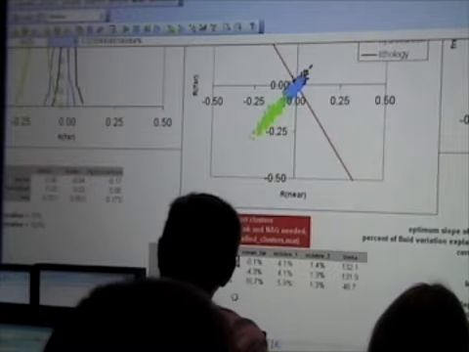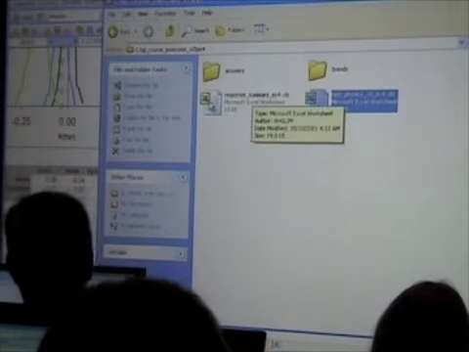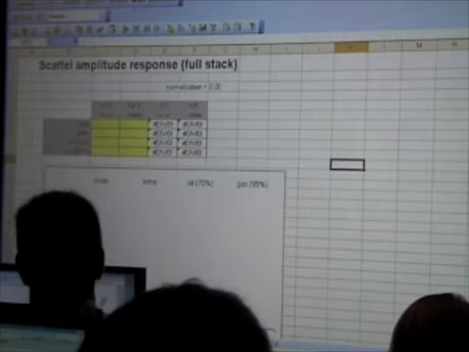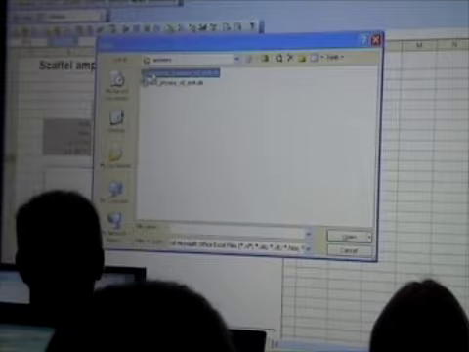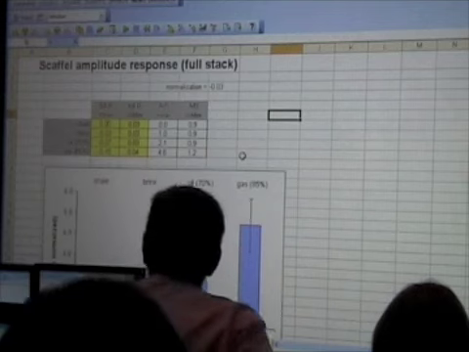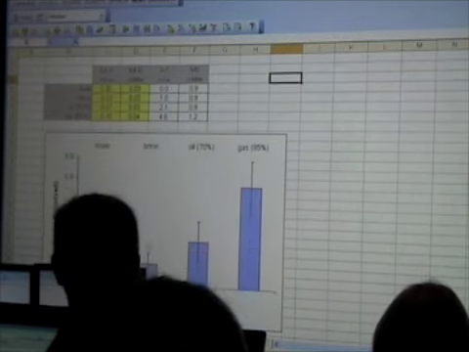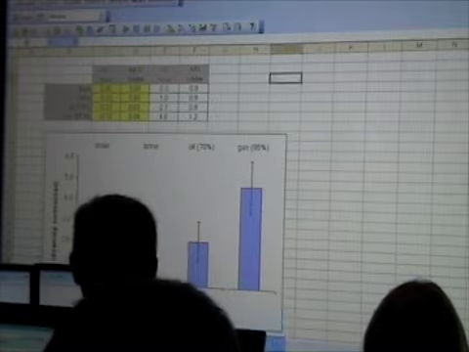Then the final thing that I asked you to do here is to form up the response summary. Let me go back up. Okay, here's the response summary. All I did was go into the rock physics.